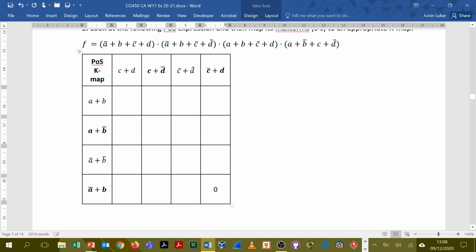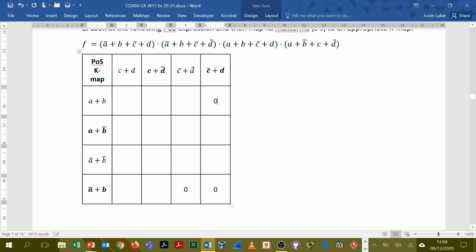And then the next max term, we've got not C, D, and not A, not AB, that one. So that's a 0 there. And then we go to AB, not C or D.